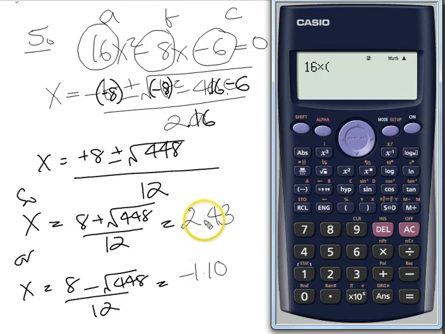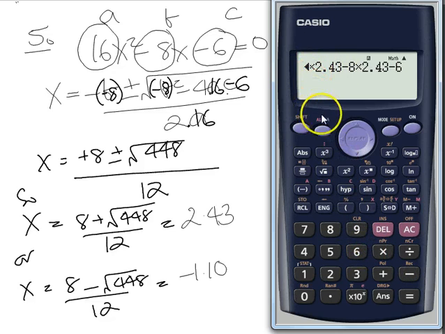Let's do the 2.43 because it's positive. And then we can forget about that awkward bracket. 2.43 minus 8 times the x, which is 2.43. I'm going to come back to that mistake in a minute. And then minus 6. There is a mistake on that line, isn't there?